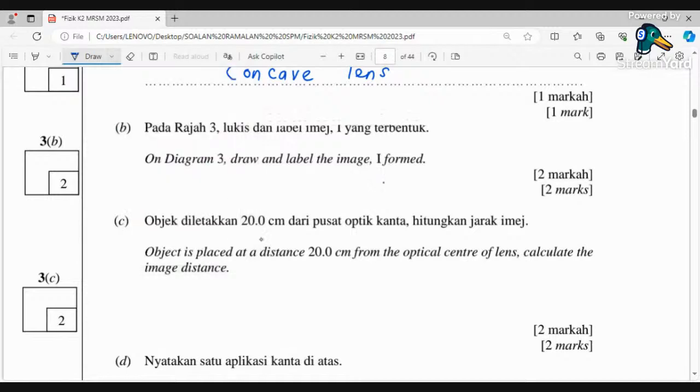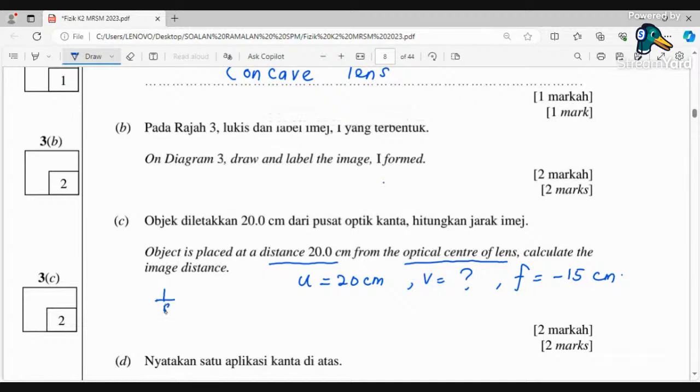Okay, now let's look at C. Object placed distant 20 centimeter. So U is 20 centimeter. From the optical center of the lens, calculate image distance. F is given negative 15. If they want you to calculate for V, use lens equation.